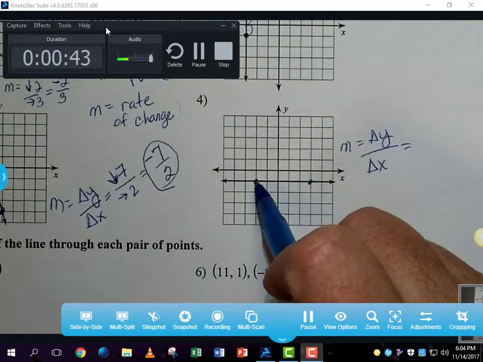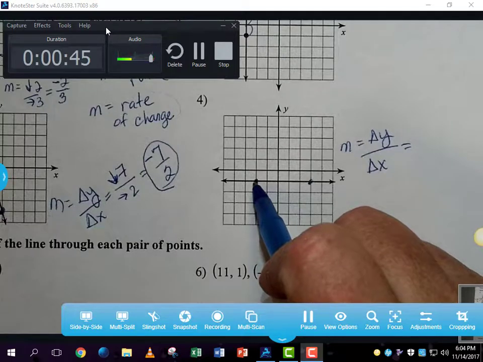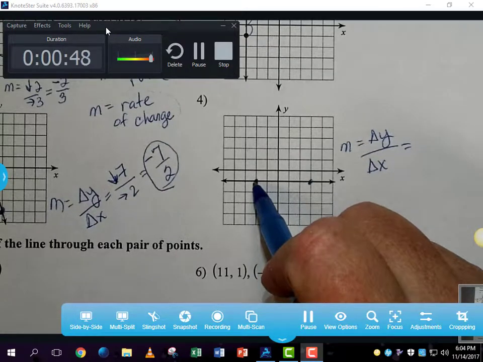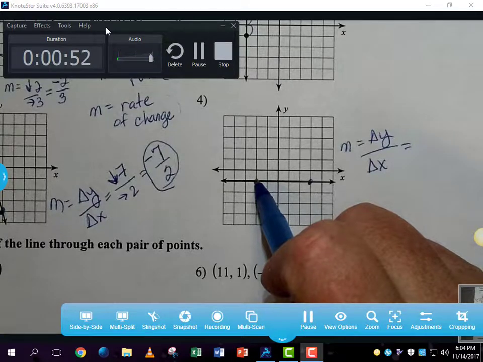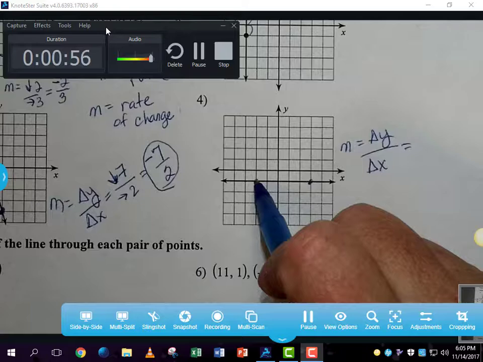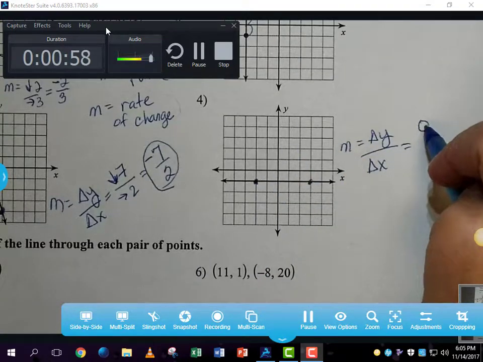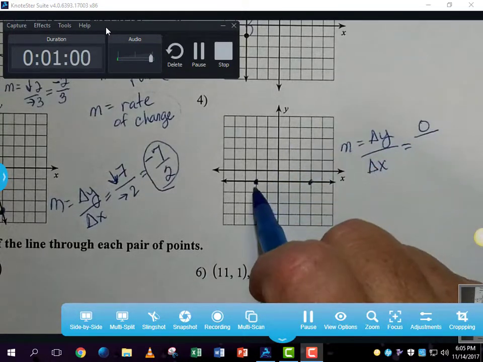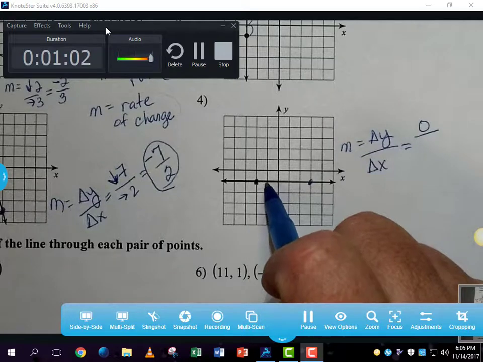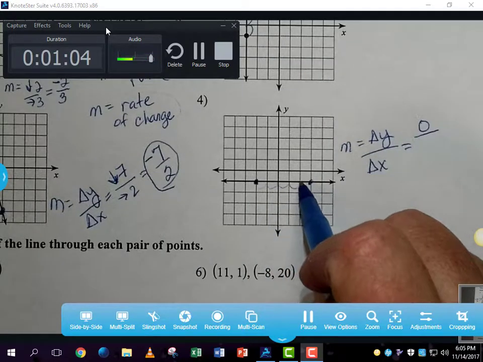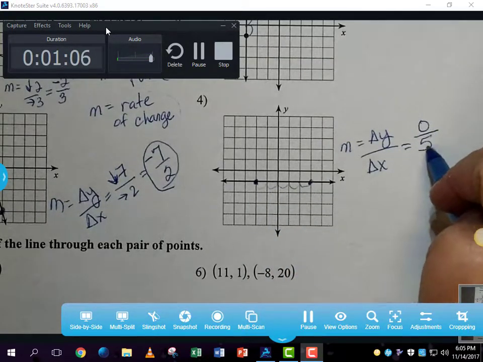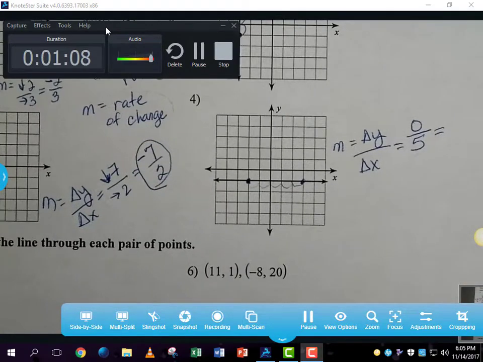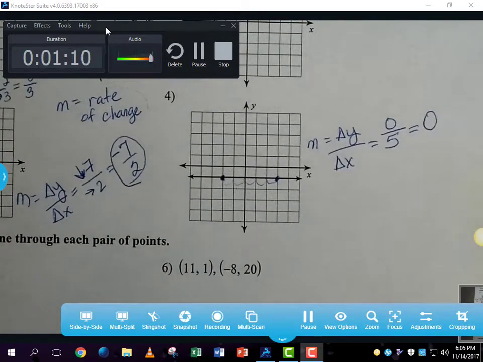So to move from here to here, I do the change in y, which is the up and down part first. Oh, I don't move up or down. I'm just going to have to move over. So my change in y is 0. And then my change in x, 1, 2, 3, 4, 5. 0 divided by 5 is 0.